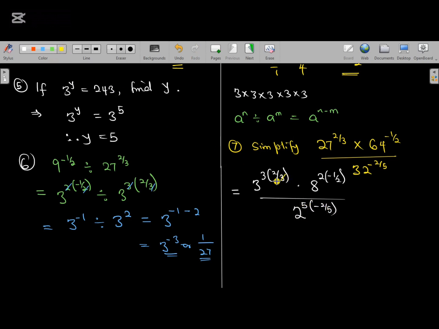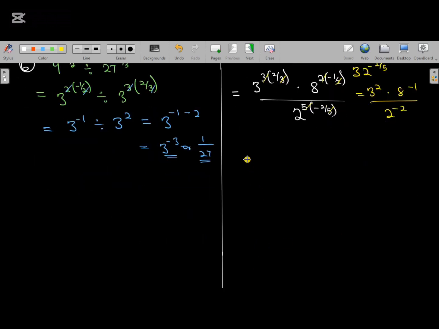So what happens? This will go, and this will go. So here will be 3 to the power of 2 multiplied by 8 to the power of minus 1 all over 2 to the power of minus 2. Okay, now we can try to put 8 in base 2 so that we can simplify it together with the denominator. Our 3 to the power of 2 is 9.